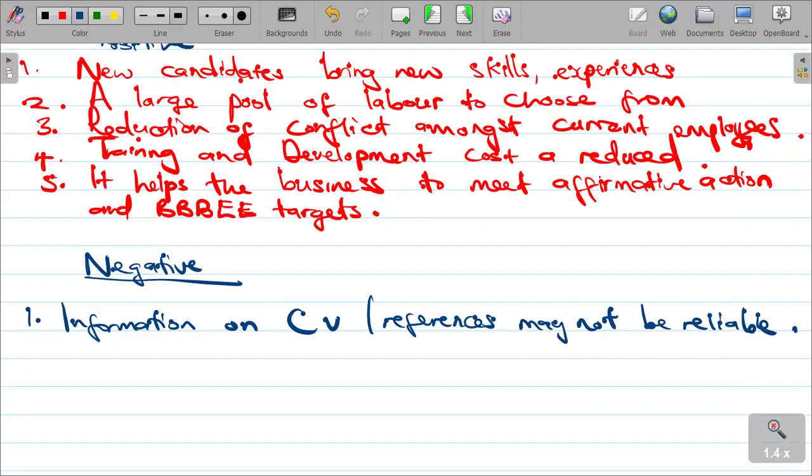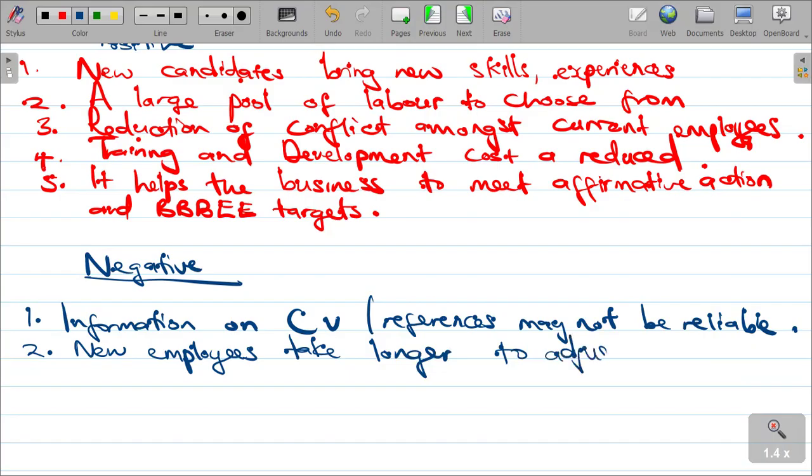You can find that new candidates generally take longer to adjust to the organization. And those new candidates might dilute the culture of the organization.